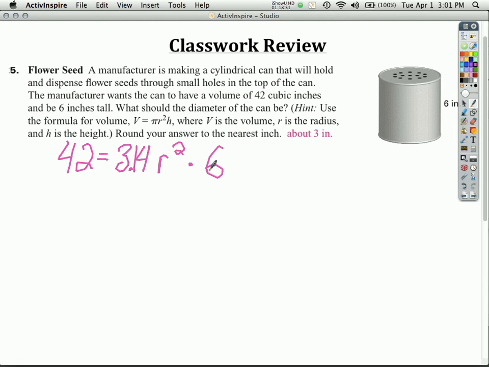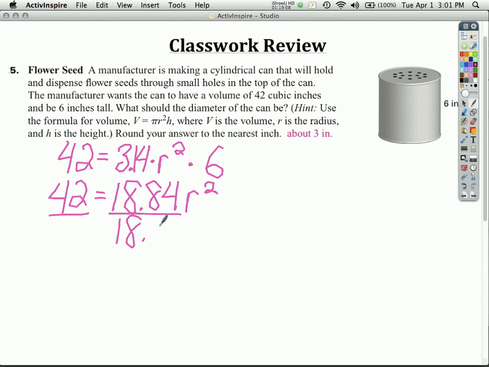What you should have realized is that you can multiply the 3.14 times the 6, and so you end up with this. And for us, that's a simple thing to do. Divide both sides by 18.84.